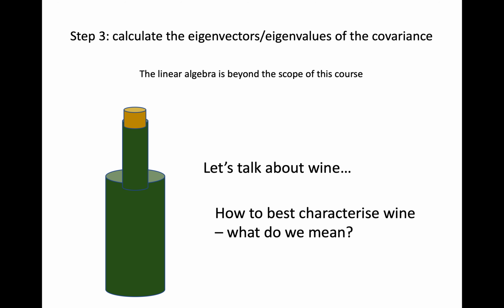We have things to do with the clarity and the color of the wine, so the amount of sedimentation in the wine. So we have so many different characteristics, it becomes almost impossible to compare them. So this is a good example of things that are multidimensional that we want to reduce the dimensionality.